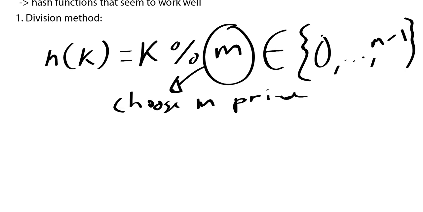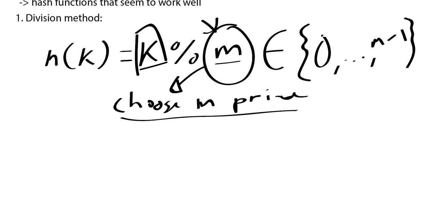Because think about what happens if m is a power of 2. Then we mod something with a power of 2, and we might only get returned the log base 2 of m lowest bits of our key. But if it's prime, then we won't ever have a problem like that.